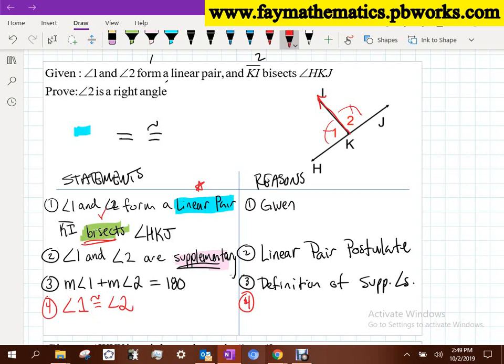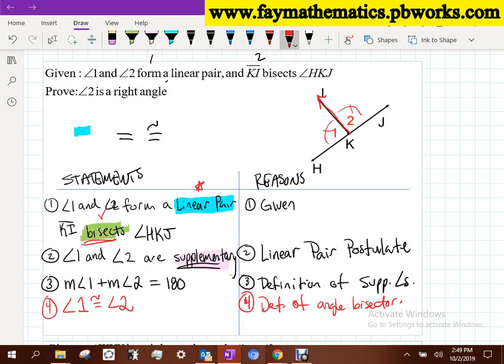So we're looking here for the definition of an angle bisector. Okay, I know it doesn't say angle bisector, but that's what we're dividing, right? That's what we're bisecting. If you just wrote definition of bisector, that's fine. You get credit for that. But I think being specific there with angle is a good idea.